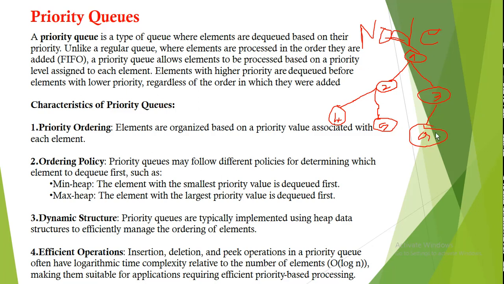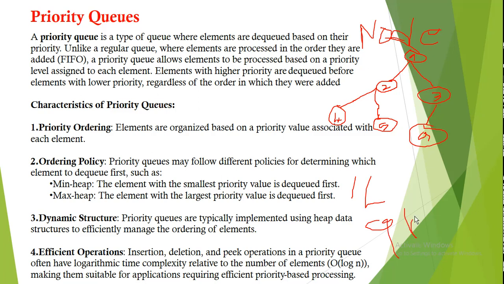I can also make this a min heap, because I am starting from the minimum number, the lowest value, to the highest value. Let us understand what minimum and maximum are first. From here, 1 is the lowest value and 9 is the largest value we are having.